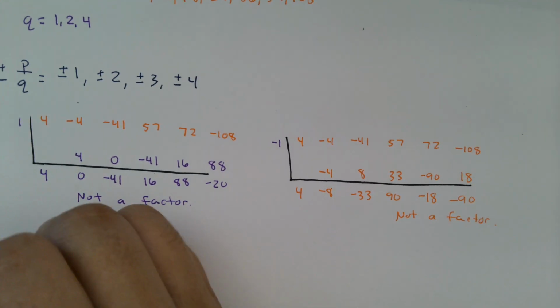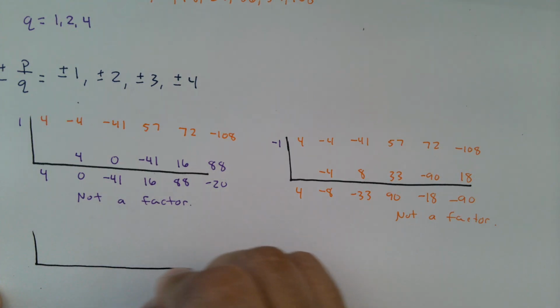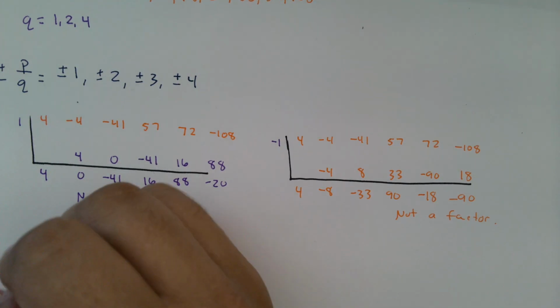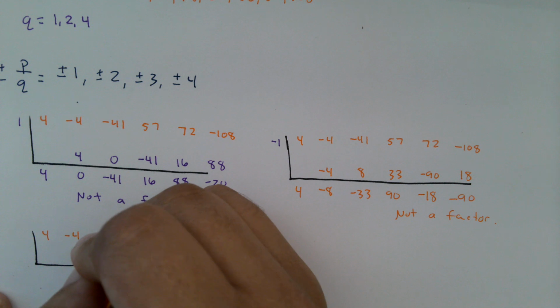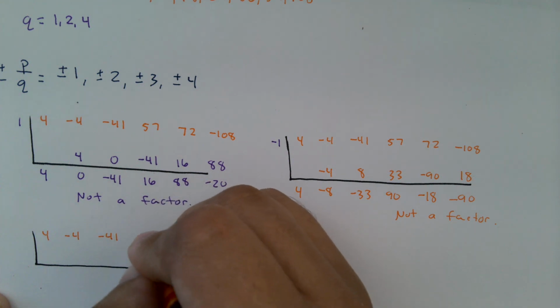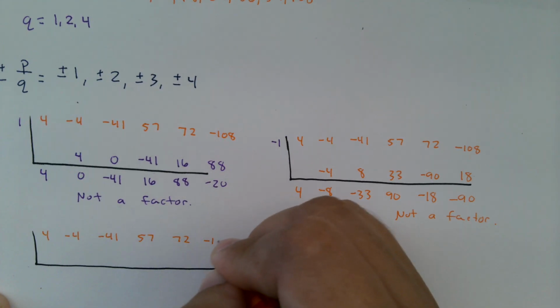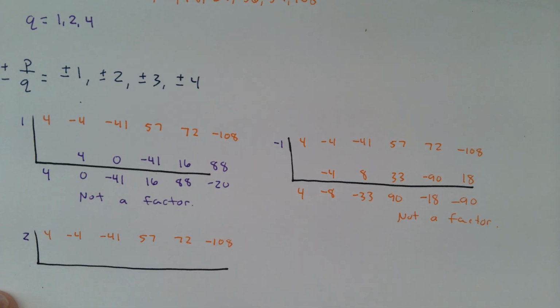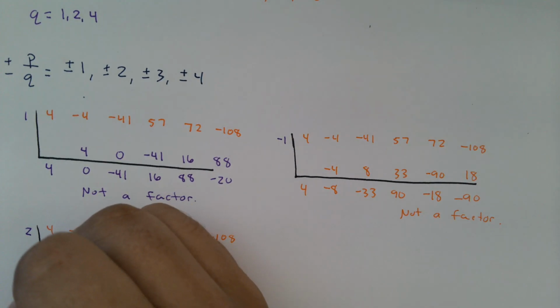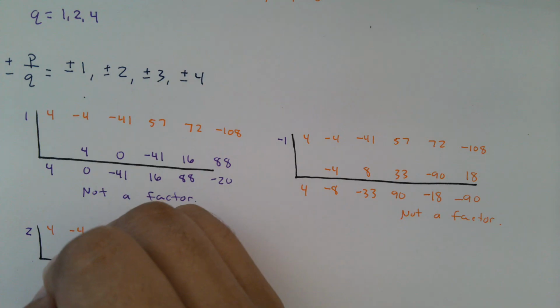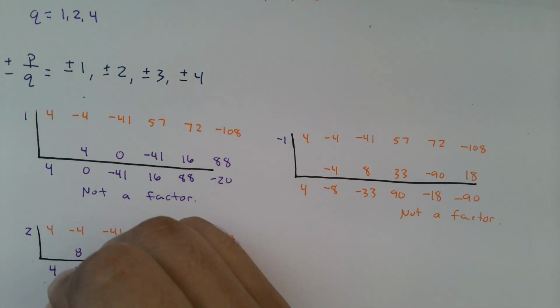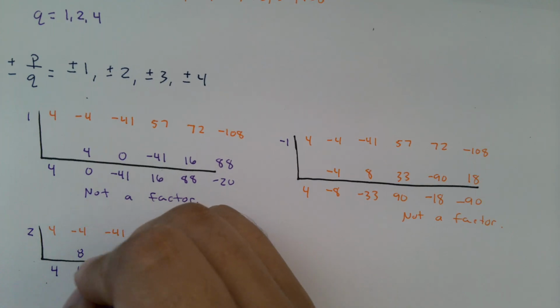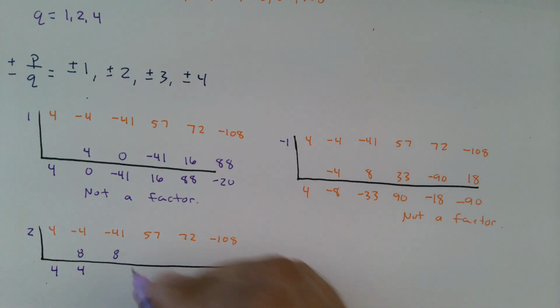Next test. We're going to check 2. 4, negative 4, negative 41, 57, 72, negative 108. So we have 4. 2 times 4 is 8. Negative 4 plus 8 is 4. 4 times 2 is 8.